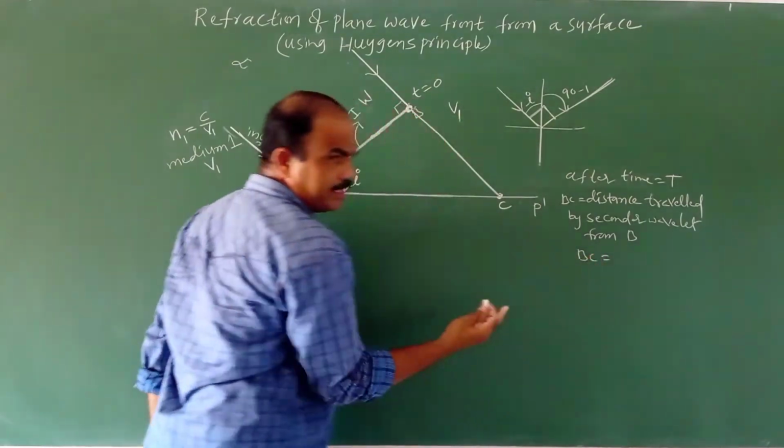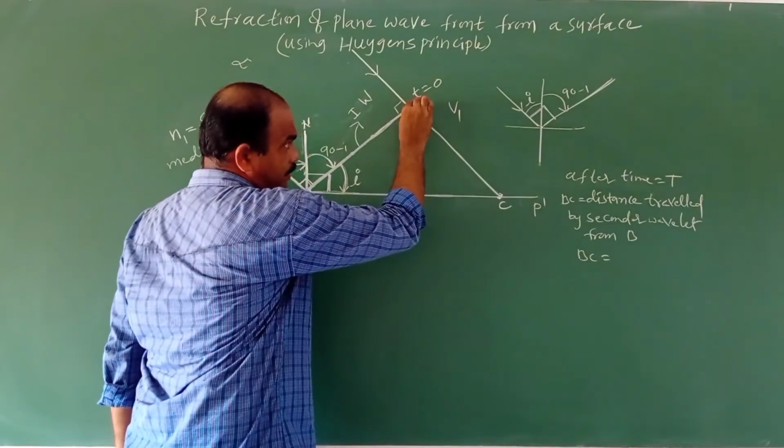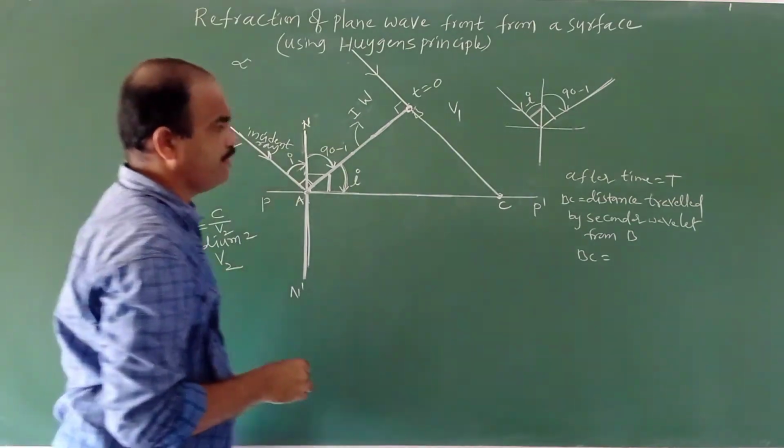What is the formula? Distance equals velocity into time. With what velocity will it move? Because it is in medium 1, it moves with velocity v1.